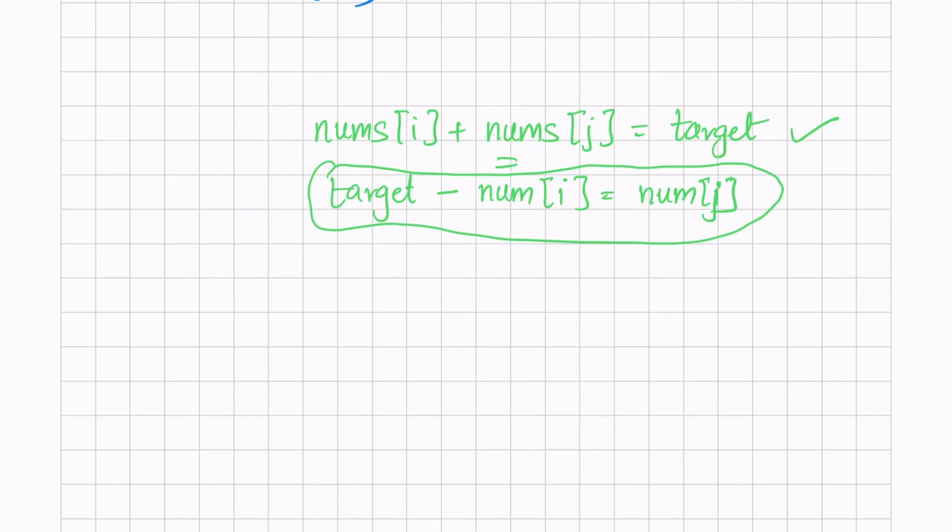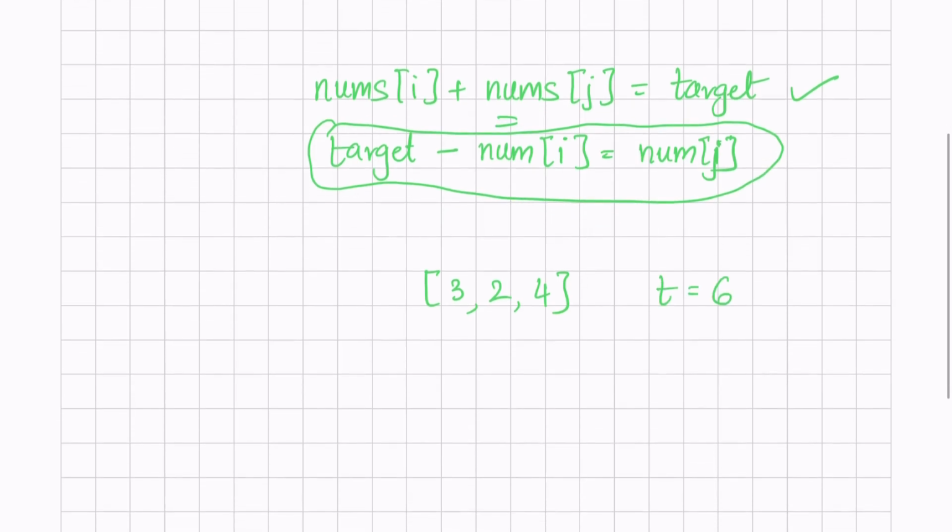And let's think about this. Let's say we have our example here 3, 2, 4, and let's say our target is 6, right? So according to our equation, target minus nums i equals nums j, right?